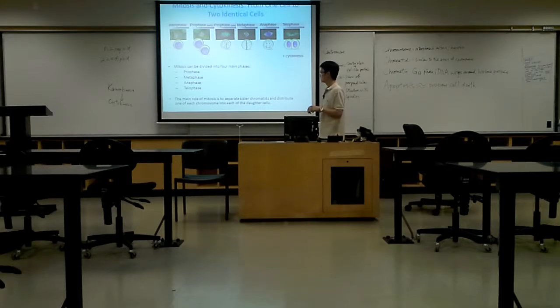So the main role of mitosis is to separate the sister chromatids, which we call karyokinesis, and then distribute them into the daughter cells. So you see that when I talk about each phase, karyokinesis occurs first, and then after that cytokinesis occurs at the end.